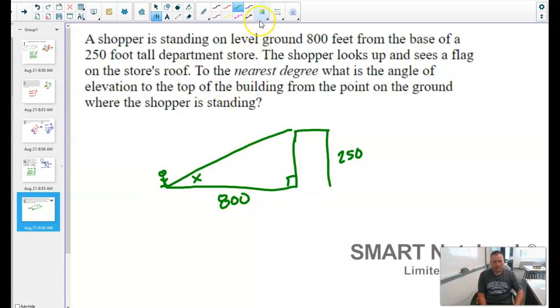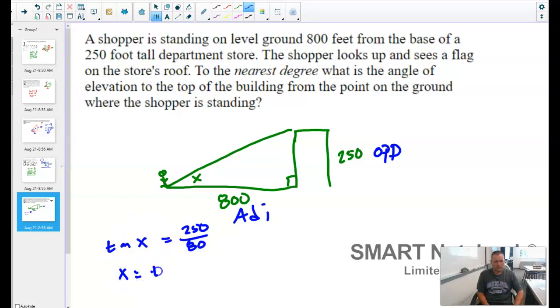Again, what sides do I have? This is the opposite. This is the adjacent. So tan of X equals 250 over 800. Again, because I'm looking for an angle, this is just going to be X is equal to the inverse tangent of 250 over 800.